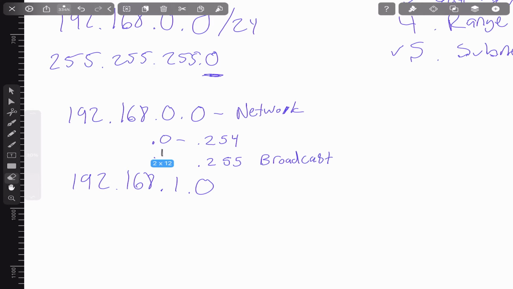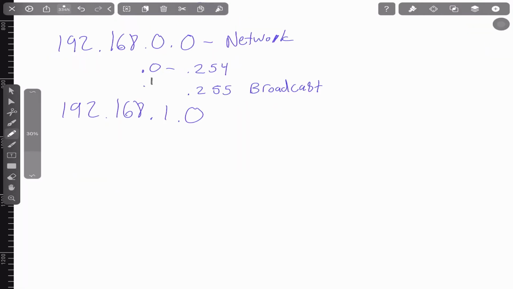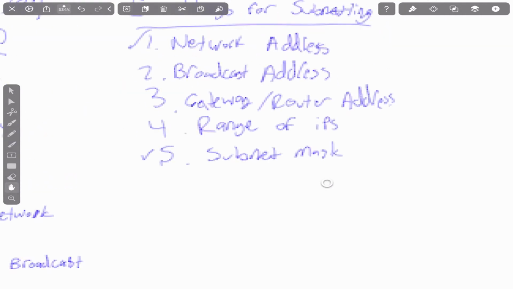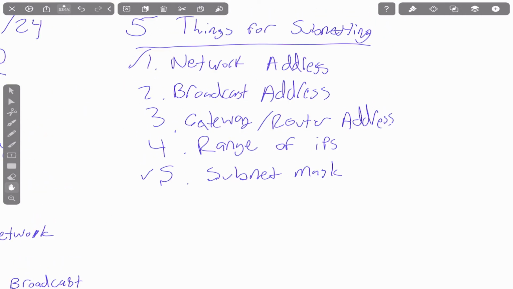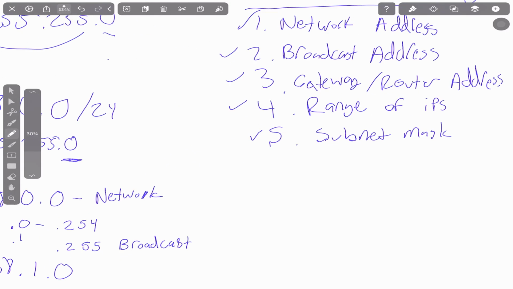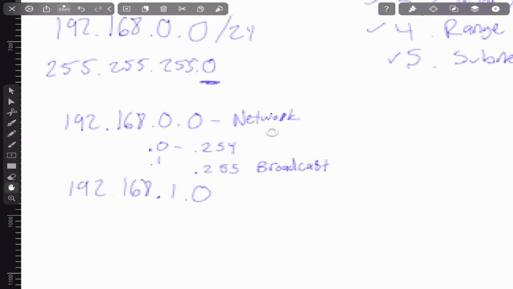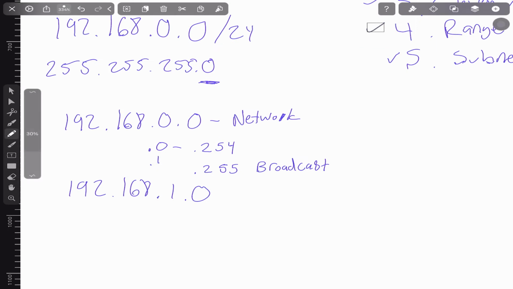Let's go, and remember our 5 things: network address, broadcast address, gateway, range of IPs, and our subnet mask. So we've already checked those off. We got the network address here. This is the network. This is the router.